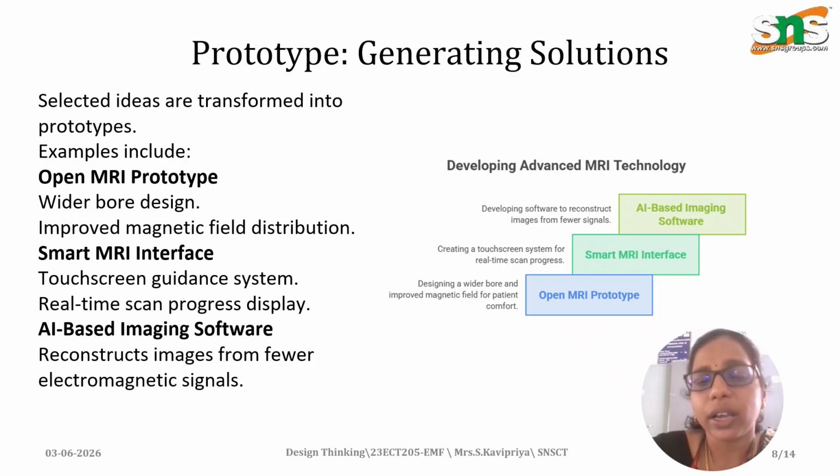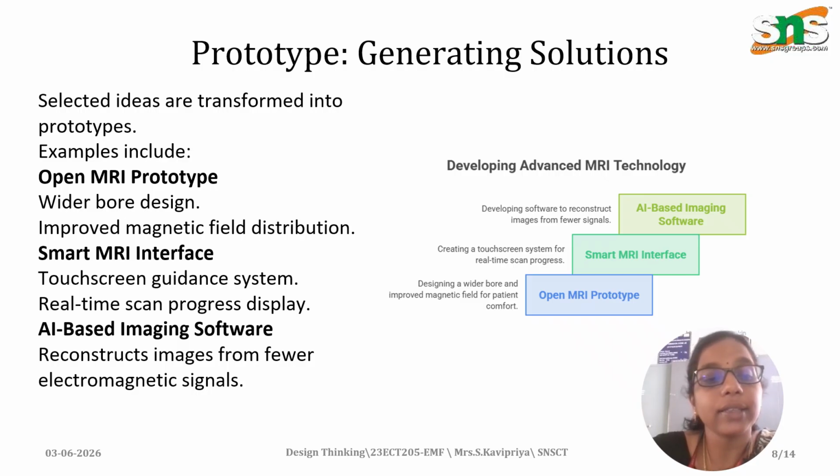Next one is the prototype. Prototype is where the solutions are generated. Based on the ideas, the prototype is designed and tested in the next stage, to check whether the user needs are being met. So selected ideas are transformed into prototypes. For example, an open MRI prototype, with a wider bore design and improved magnetic field distribution.